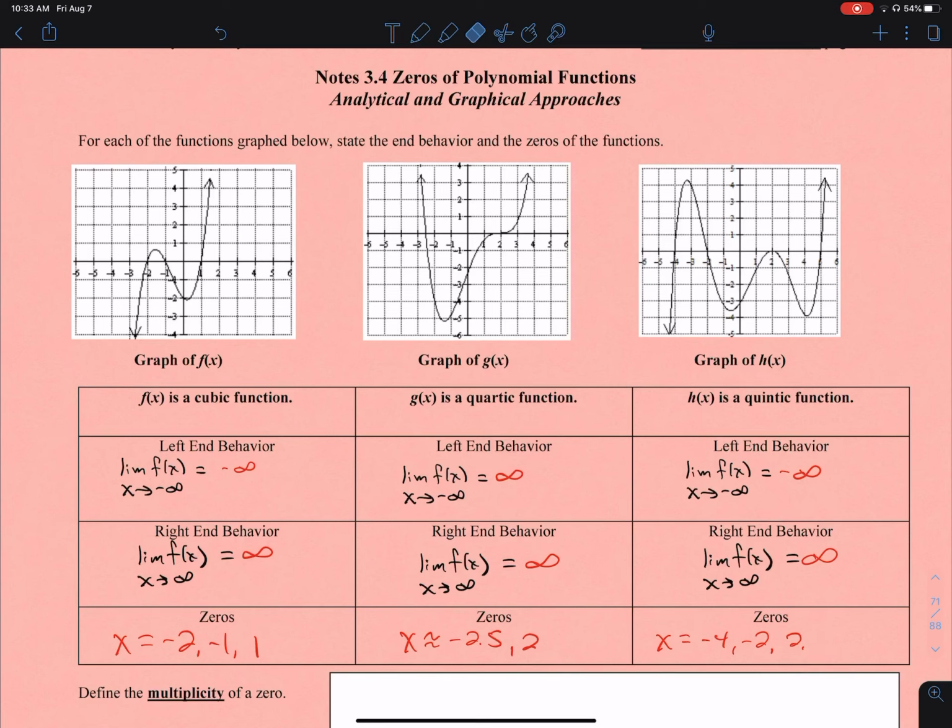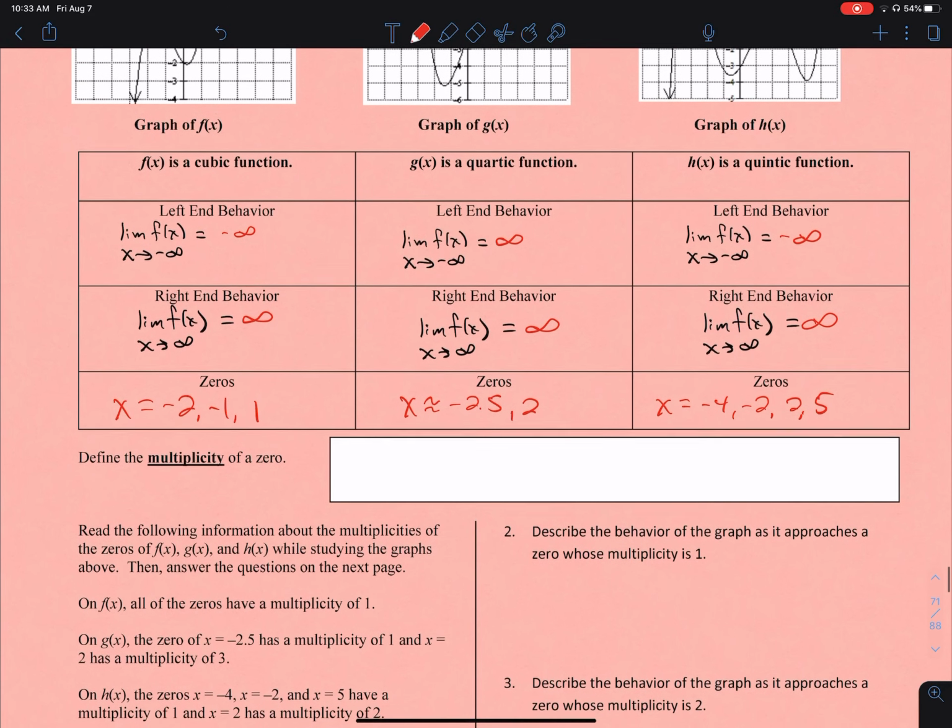So let's now get into this multiplicity question. So that was end behavior. Let's talk about multiplicity.